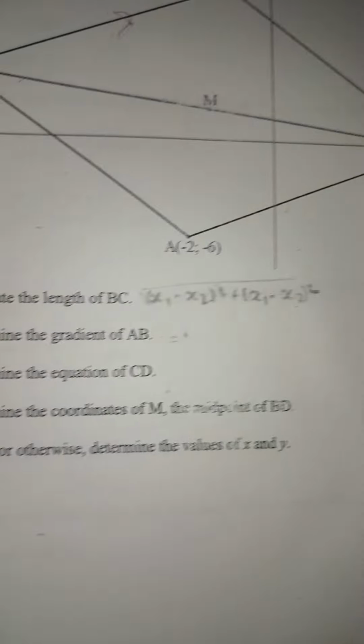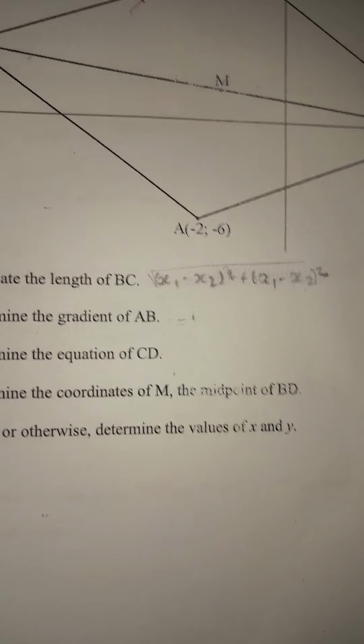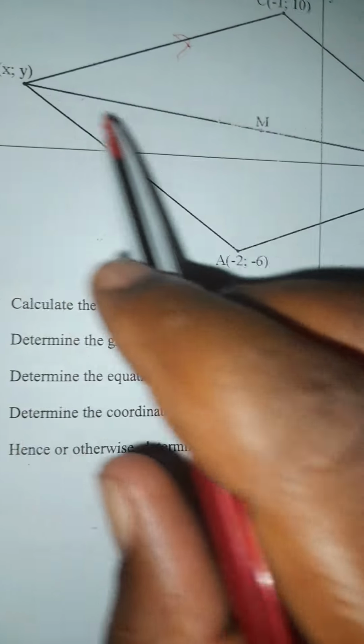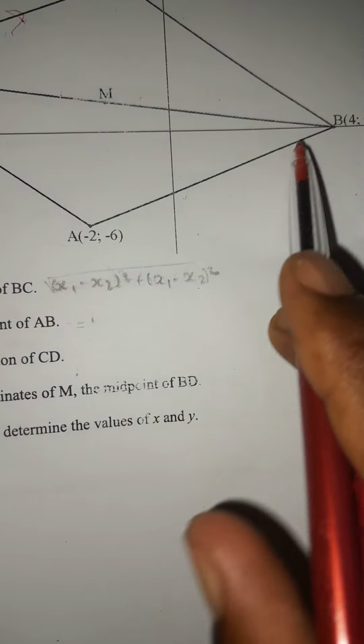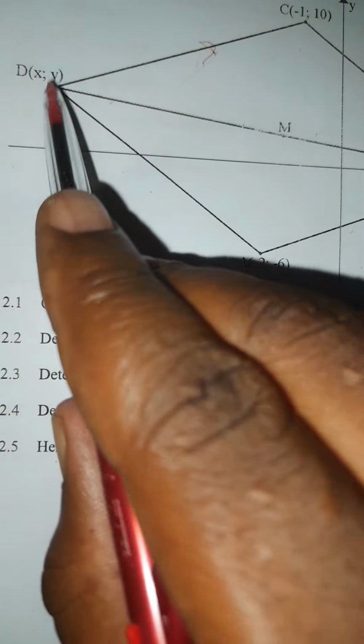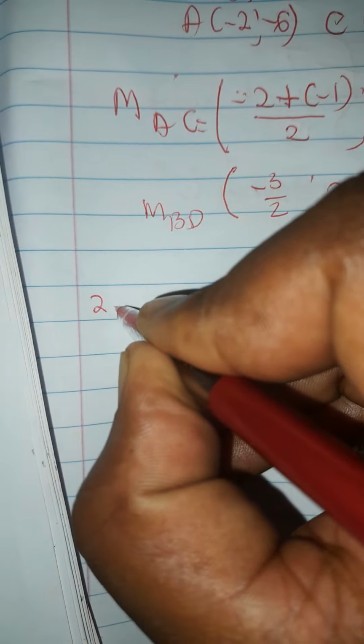Then, hence or otherwise, determine the values of x and y. So for us to get this missing coordinate, we will use B as well as M to get D, right? Because we already have the midpoint there. Let's take the midpoint to calculate.